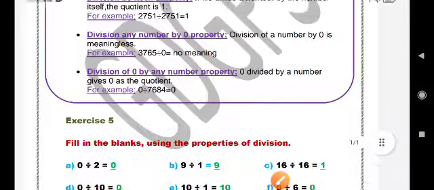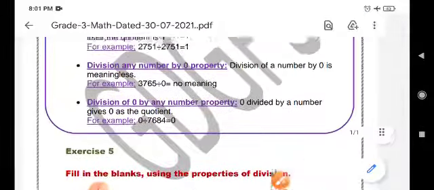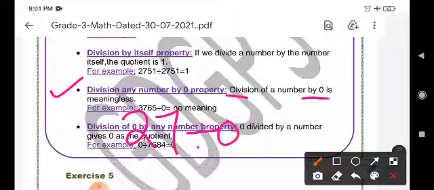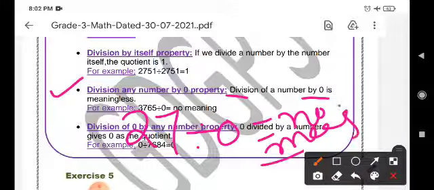Now come to the third property, dividing any number by 0, or you can remember it as dividing by 0 property. Division of a number by 0 is meaningless. If you are given 27 divided by 0, it has no meaning. You are being told to distribute 27 toffees between no one.